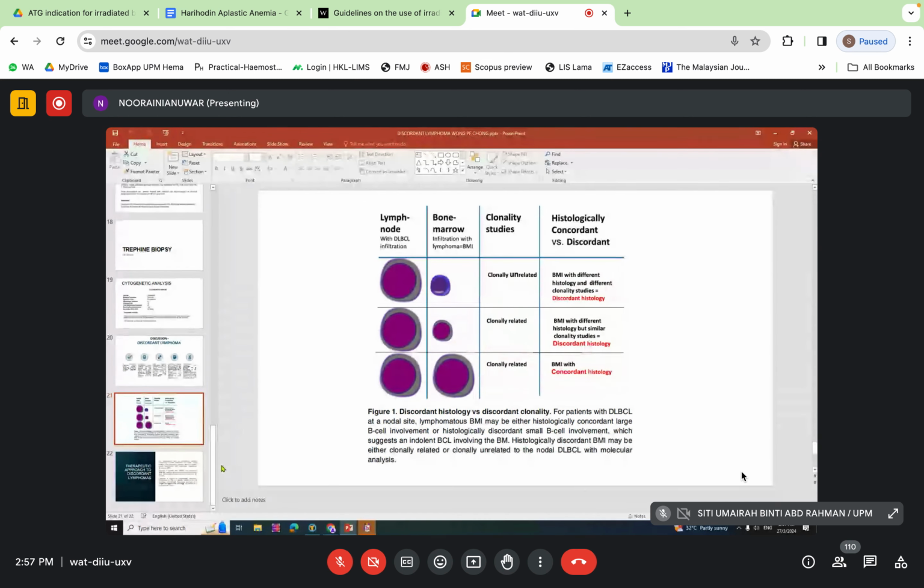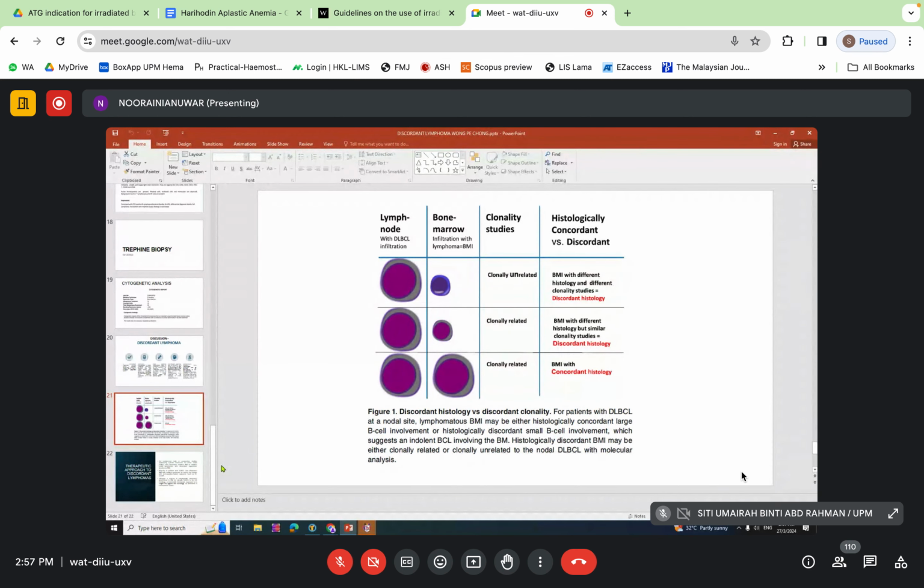Later on, the patient experienced transformation to a diffuse large cell lymphoma, and that resulted in this kind of discordant finding. So this is very typical.